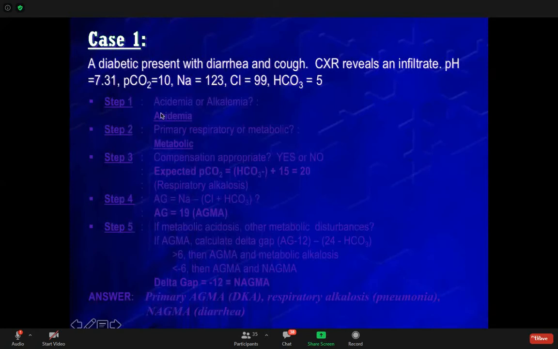Looking for pH, is it acidic or alkaline? Okay, so the acidemia or alkalemia? So what do you think? It is acid. Okay, so it's an acidemia. So what's your next step? Next step, look to bicarbonate, and it is metabolic or respiratory.